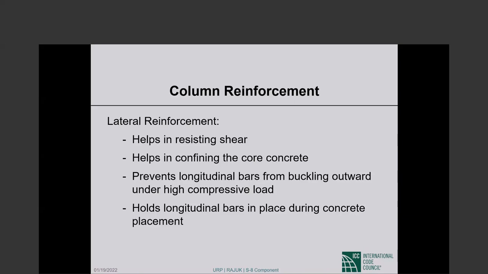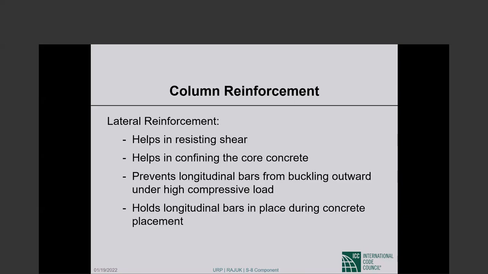It doesn't disintegrate all that easily. It has ductility and toughness, all the properties that we will talk about when we go to seismic applications. So this confining role of lateral reinforcement is extremely important.